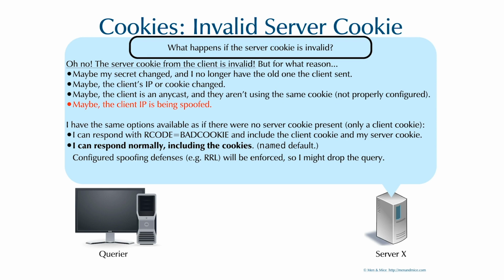And additionally, if the client is one of several machines with the same IP address, meaning it's part of an anycast system, then it needs to be specially configured with the same cookie, the same secret. Otherwise, things will not work. That's a configuration error.